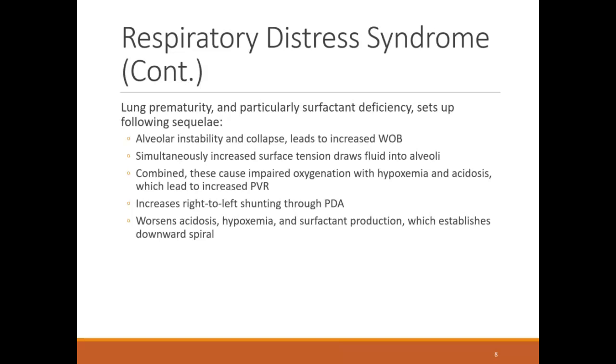So remember, with fetal circulation, when a baby is born, we need the systemic vascular resistance to increase and the pulmonary vascular resistance to decrease in order for the PDA to close. Because hypoxia is going to cause increased pulmonary vascular resistance, that's probably going to lead to more likelihood of having that patent ductus arteriosus or right to left shunting in the body.